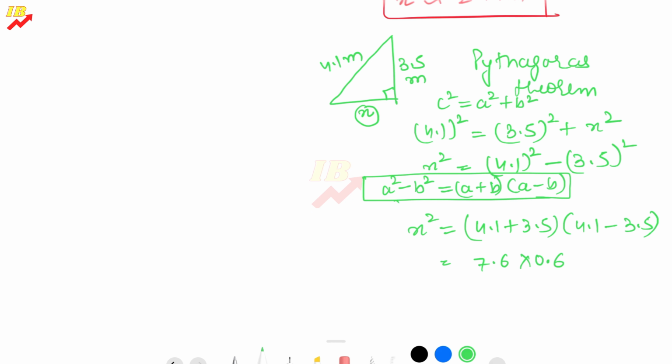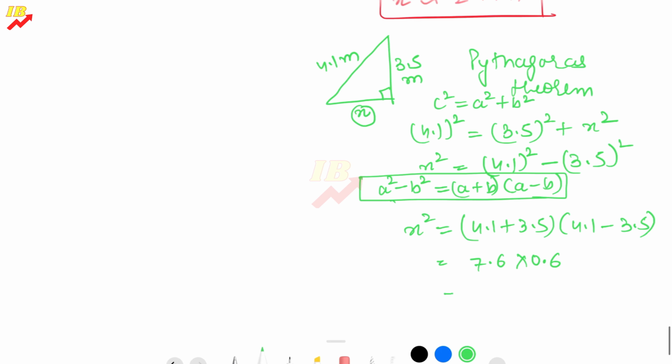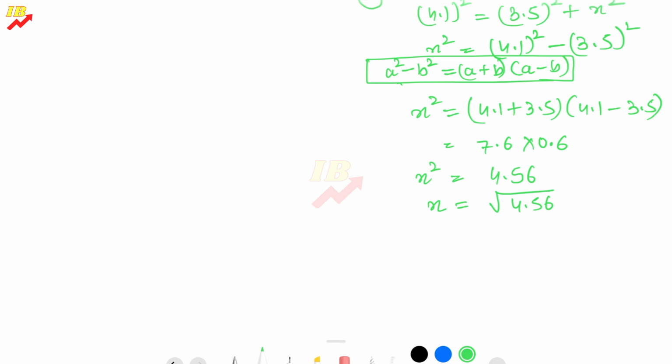And if you multiply it, this is going to give you 4.56. And you can shift your square root to this side to easily get your answer, which is going to give you 2.14. This is again an approximate answer.